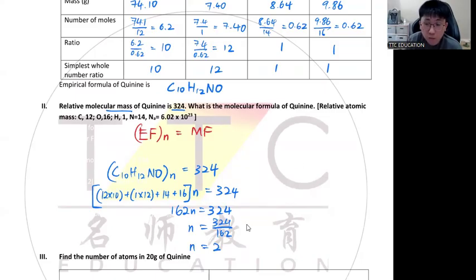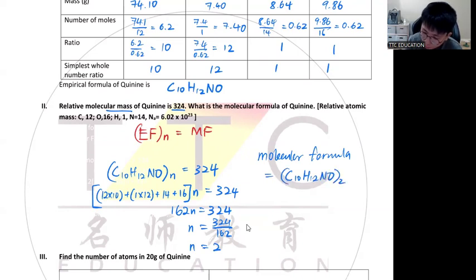So do you realize you found the number that you're supposed to multiply by? So now we can say the molecular formula equals C10H12NO multiplied by 2, you get C20H24N2O2.